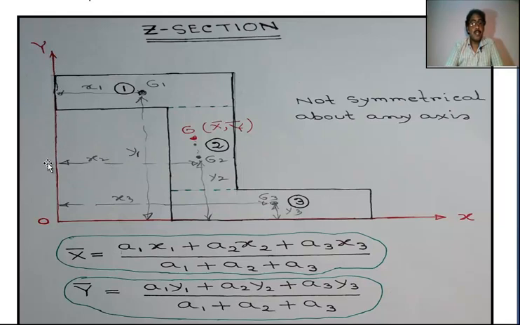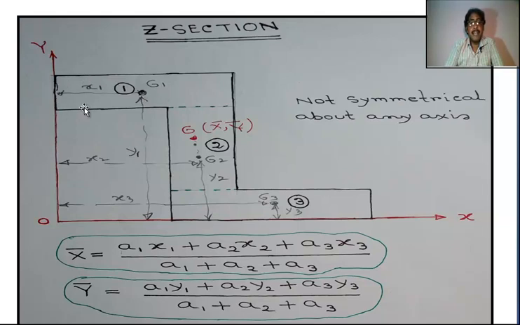Again, if we draw a line parallel to y-axis, this figure is not divided into two parts. So Z section is not symmetrical about any axis.